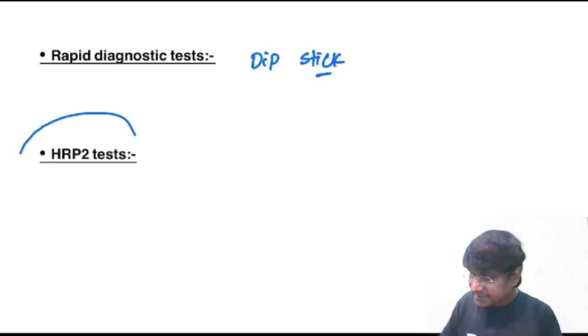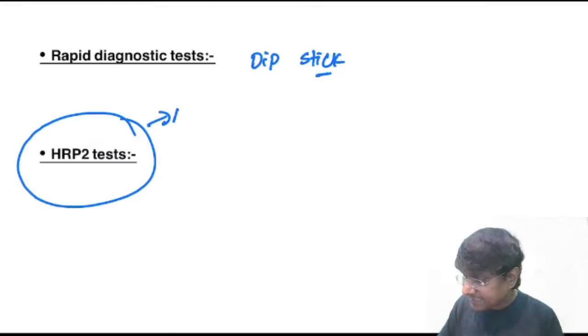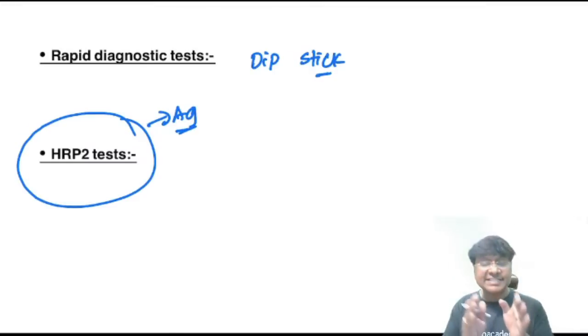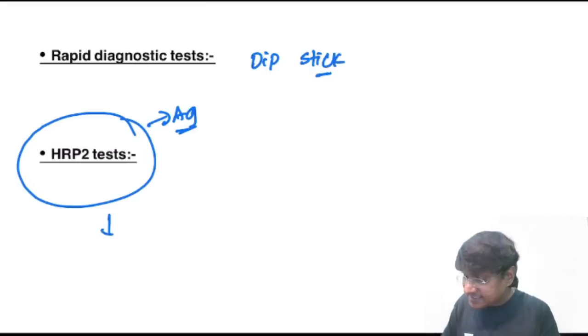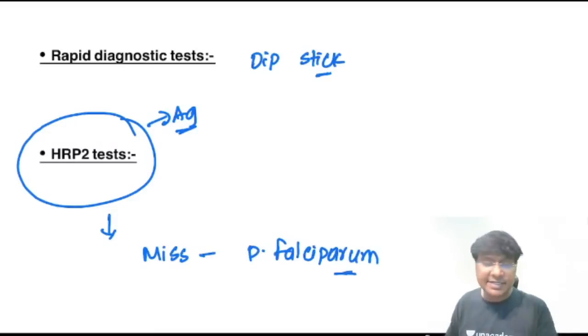In this rapid diagnostic test, the antigen that you will have is HRP2, that is histidine rich protein 2, and this rapid diagnostic test can miss the diagnosis of Plasmodium falciparum. That is the reason why they are not considered the investigation of choice.